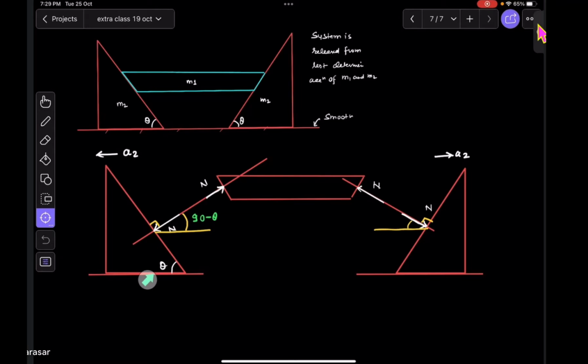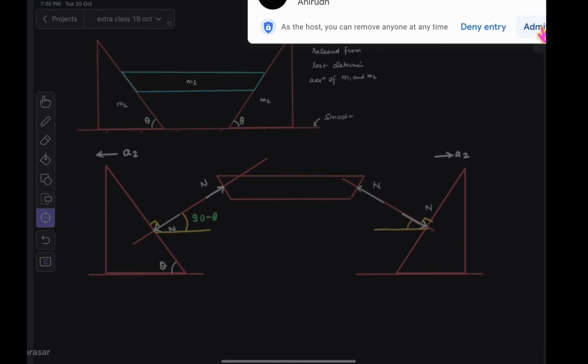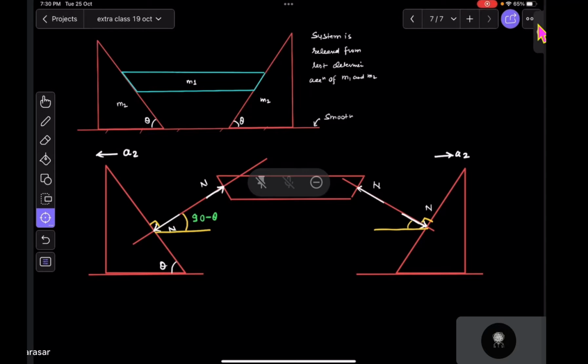The angle between horizontal and the inclined plane, you can find that angle on your own also, you should be able to, but I'm telling you some alternate way. Angle between horizontal and the incline is theta, so the angle between their perpendiculars will be theta, the angle between their parallels will be theta, and the angle between one of their parallel and one of their perpendicular will be 90 minus theta.